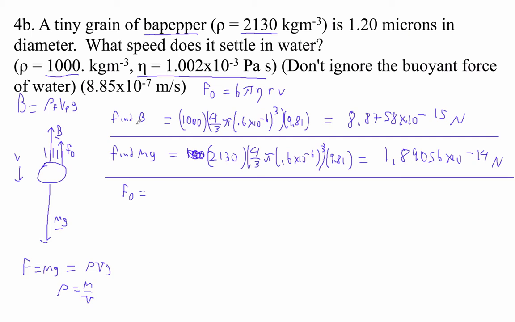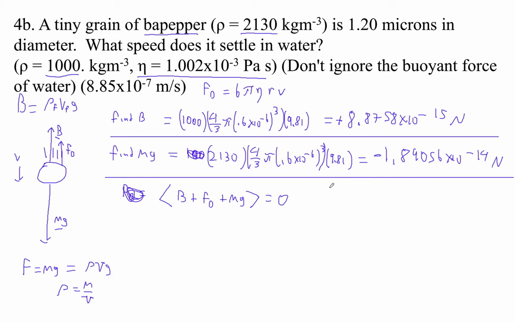right? If you want to see, let's do this all formally, right? So we can say B plus the Stokes force plus the force of gravity is going to add to 0, right? Because it does move, but it moves at a constant velocity, right? So this is an upward force.